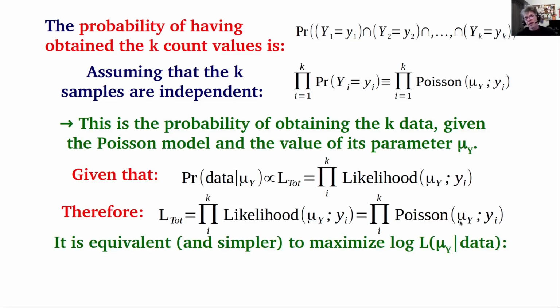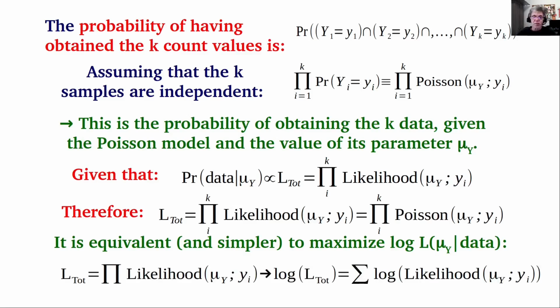It turns out that it's equivalent and simpler, just for numerical reasons, to maximize the log of the likelihood instead of the likelihood. So the log of the total likelihood, this logarithm, transforms these products into a series of sums, which are easier to manipulate on a numerical basis.